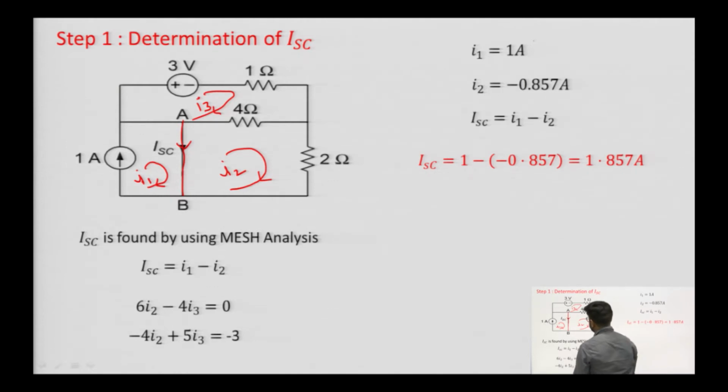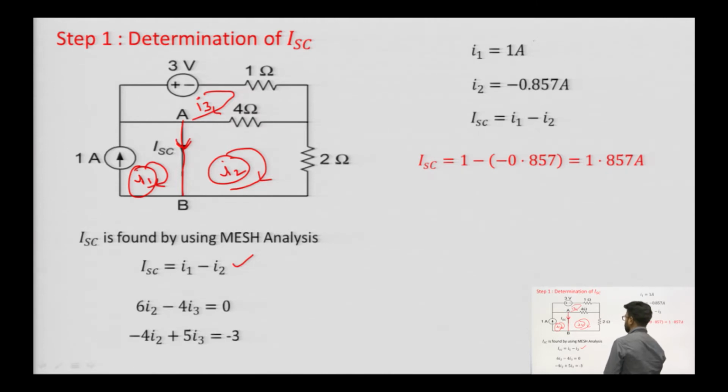To find ISC, we have applied mesh analysis. Suppose the current in this mesh is I1, and we have current I2 and current I3 in the other meshes. It can be seen that ISC will be equal to I1 minus I2, because I1 is in the direction of ISC and I2 is in the direction opposite to ISC.